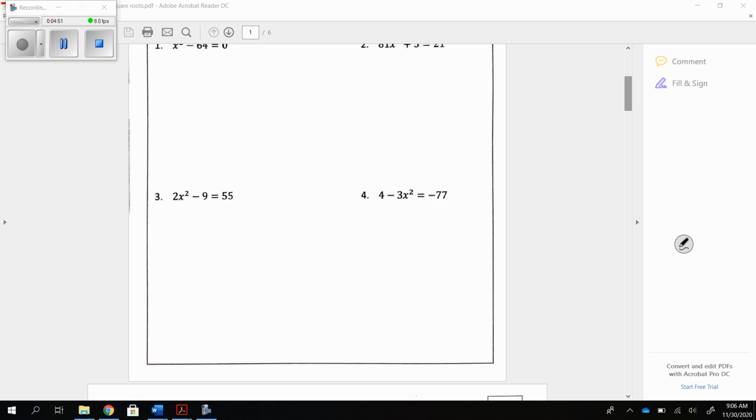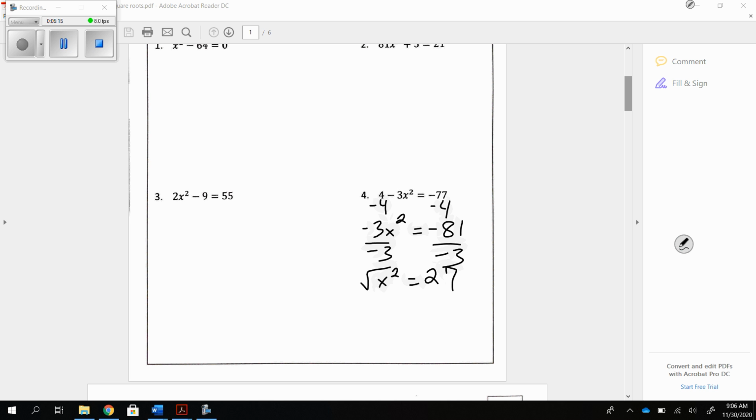Number 4 is going to be kind of the same with what we just did. First thing, subtract 4, negative 3x squared equals negative 81, because negative 77 minus 4 more is negative 81. Divide by negative 3, divide by negative 3, x squared equals positive 27.